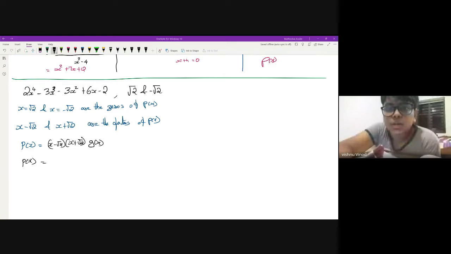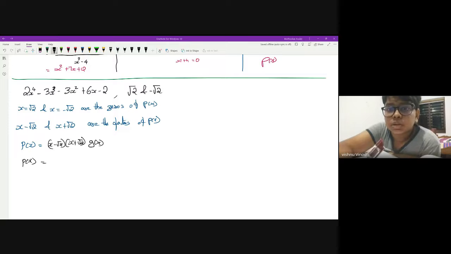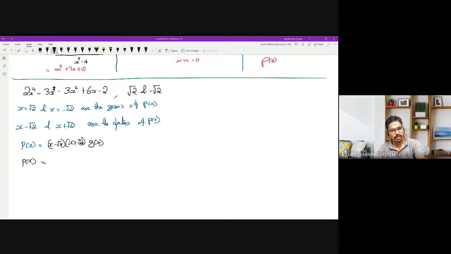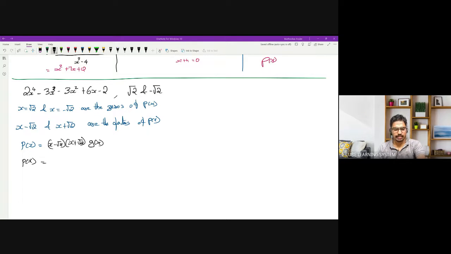Sir, one doubt. P of x is equal to x minus root 2 into x plus root 2. Multiply, don't worry.